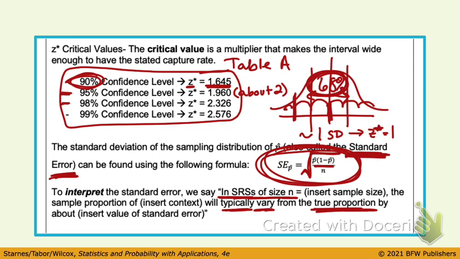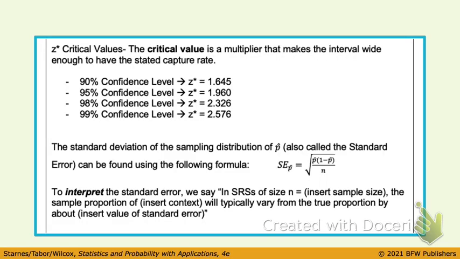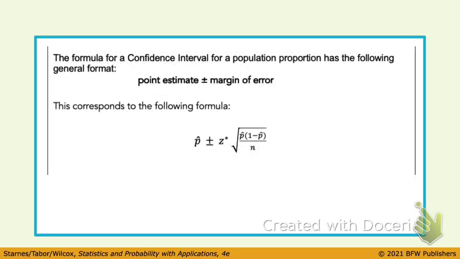Okay? Putting it all together, here we have our general form of our confidence interval. We're going to have our point estimate plus and minus our margin of error. So last week we talked about that as you have your point estimate here in the middle and you add your margin of error.